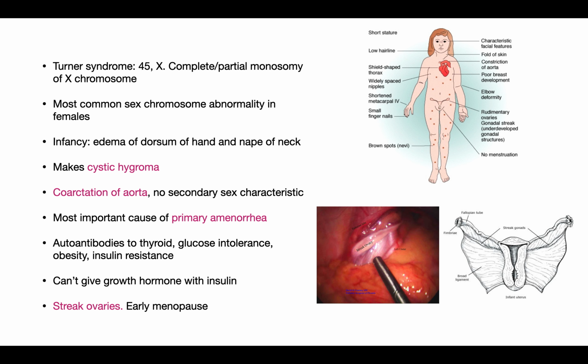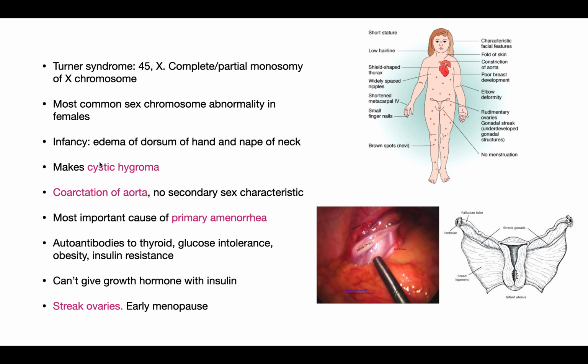Turner syndrome is going to be 45 chromosomes. It's just one X chromosome. And there is complete or partial monosomy, so there could be like a little arm. But it's the most common sex chromosome abnormality in females.